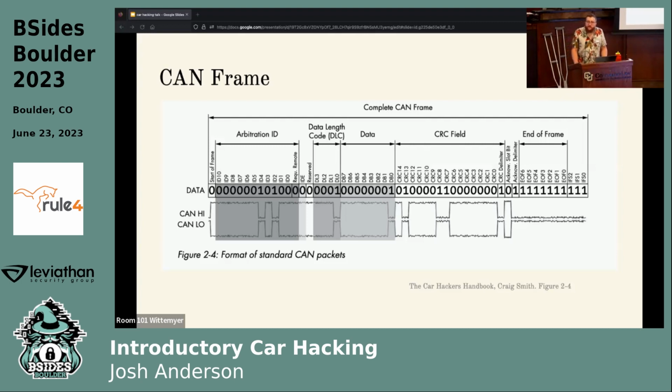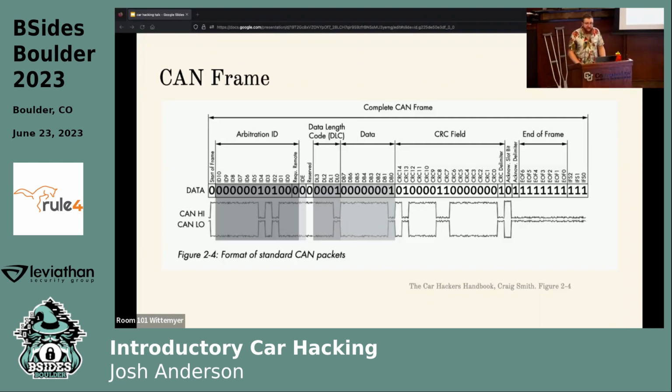That's how they handle collisions. If two ECUs are broadcasting at the same time, say your window power control unit and the transmission control module, that TCM is going to have a lower ID because it's more critical to the operation of the car, and it is going to go first, and the window is going to have to rebroadcast over the bus.